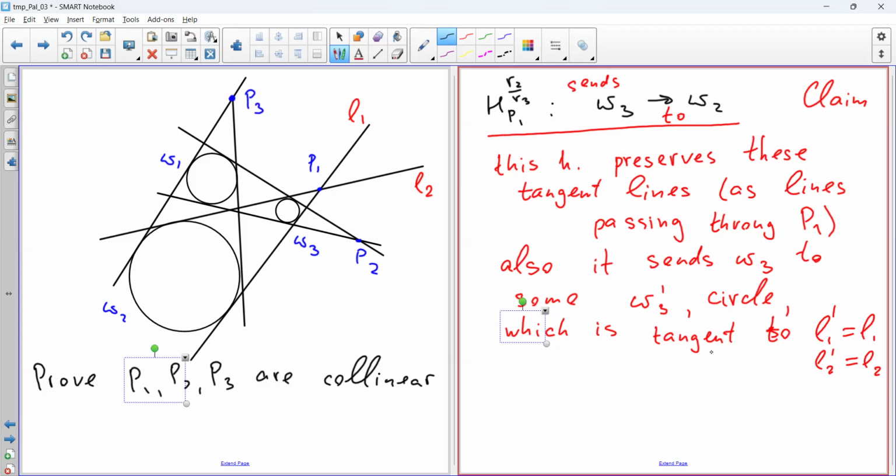So the new position of omega-3 would be tangent to the new positions of the tangent lines. But the new positions of the tangent lines would be just the old positions of the tangent lines. So omega-3 prime is inscribed in the same angle.